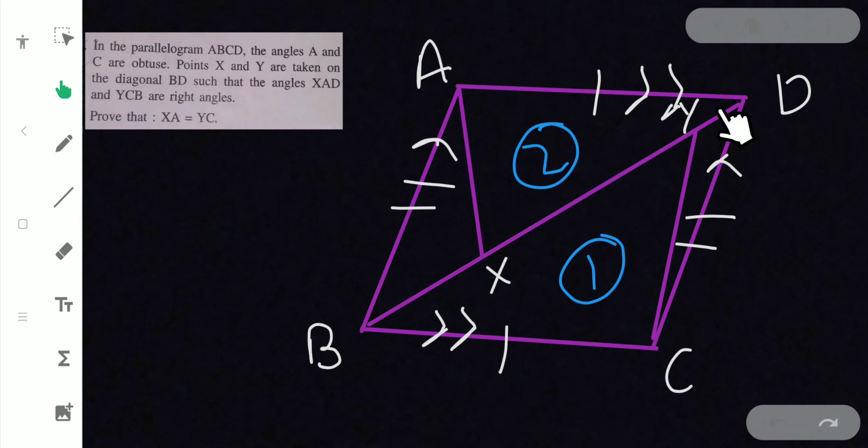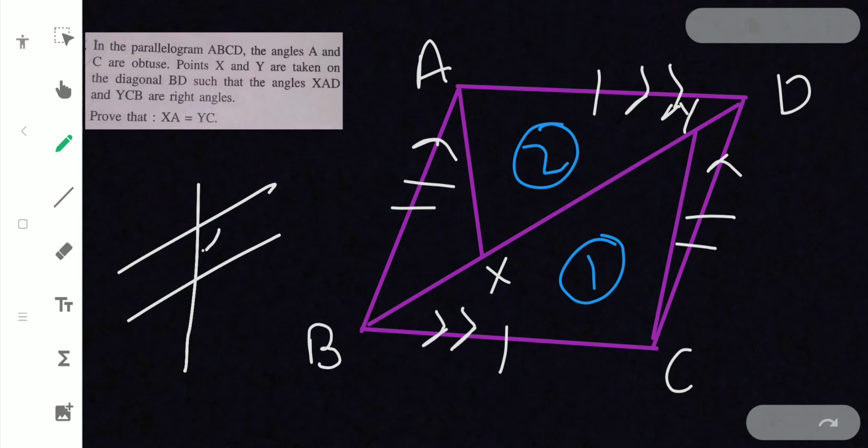So this angle will be equal to angle CBY, because alternate angles. Now you may know what alternate angles are. Alternate angles are nothing but when two lines are drawn and one transversal is drawn in between. So these will be the alternate angles, that will be interior and exterior alternate angles.